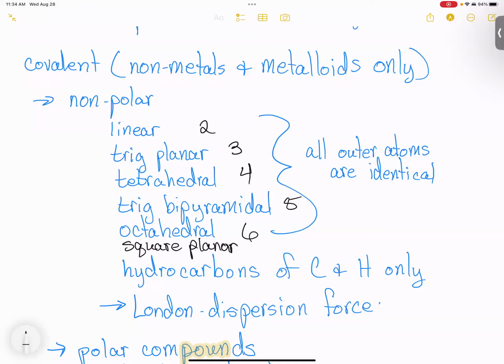If the central atom has 3 carbon and 3 sulfur, then it is polar because they're not identical. They have to be identical. There are some exceptions, but for our purposes, I'm going to keep it straightforward.